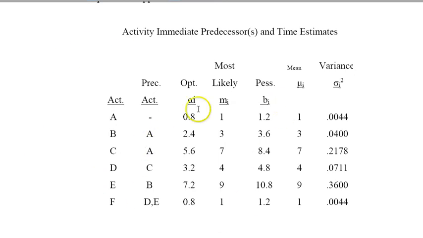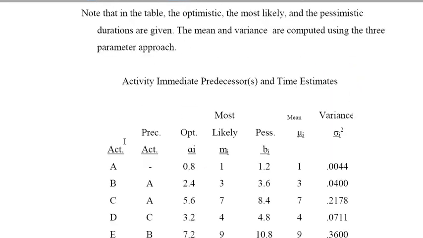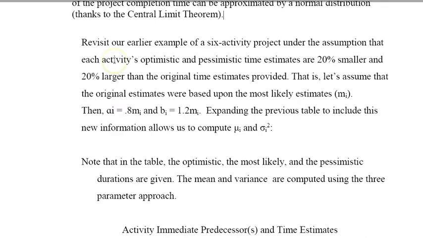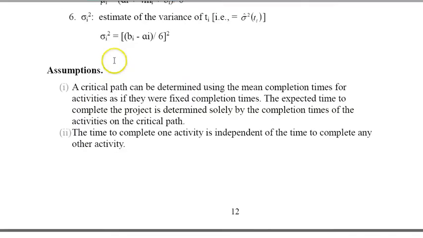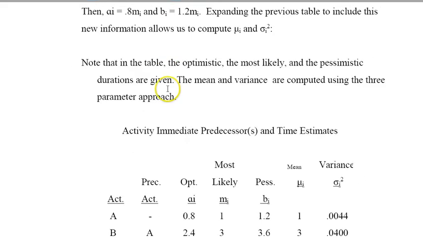Now from this data I want to compute the mean mu I for each activity and the variance sigma I squared for each activity, using those formulas. AI plus 4MI plus BI over 6 gives me the mean, and BI minus AI over 6 squared gives me the variance.